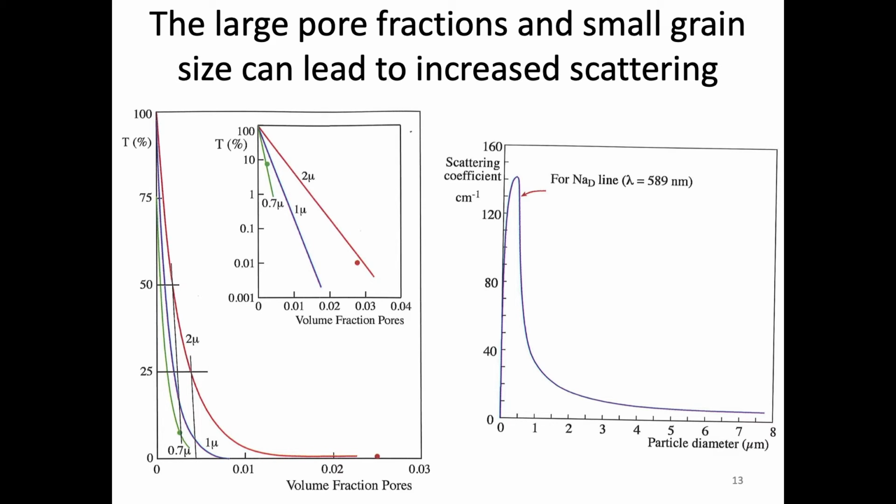So basically we want our particles to be much smaller or much greater than the wavelength to avoid those issues. We don't want particles or grains at roughly the same size as the wavelength of the light. That's where we get more and more scattering. So we want to avoid that phenomenon.